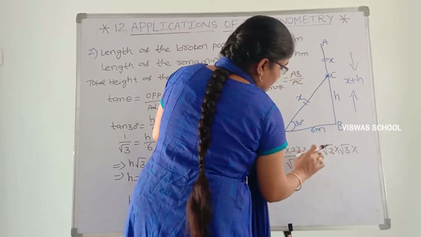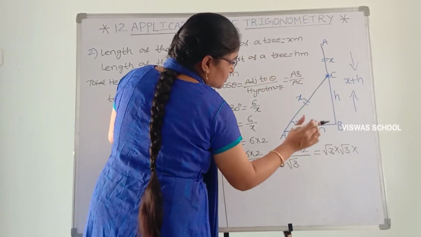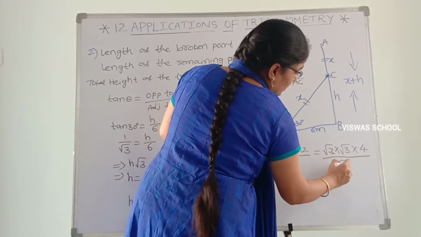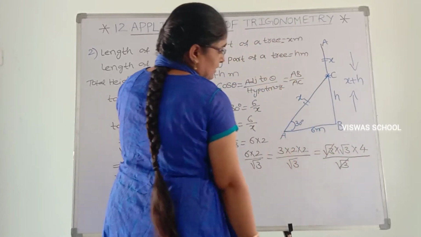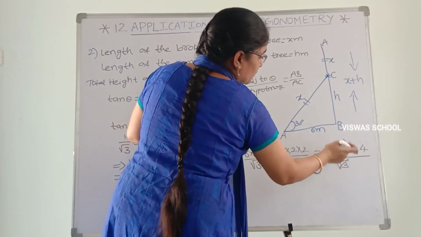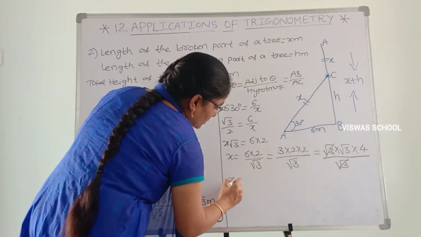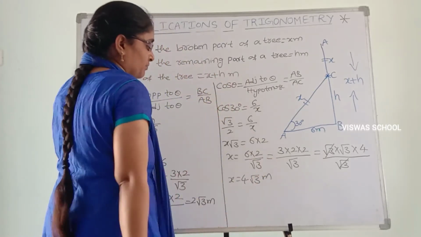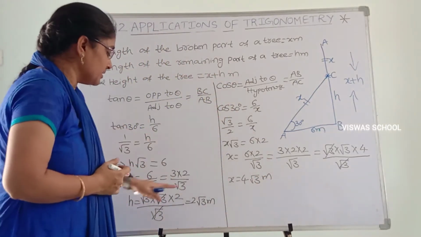I am writing this as root 3 into root 3 and this is 2 into 2. That is 4 by root 3. Here root 3 cancelled. Now x is equal to 4 into root 3, that is 4 root 3 meters.